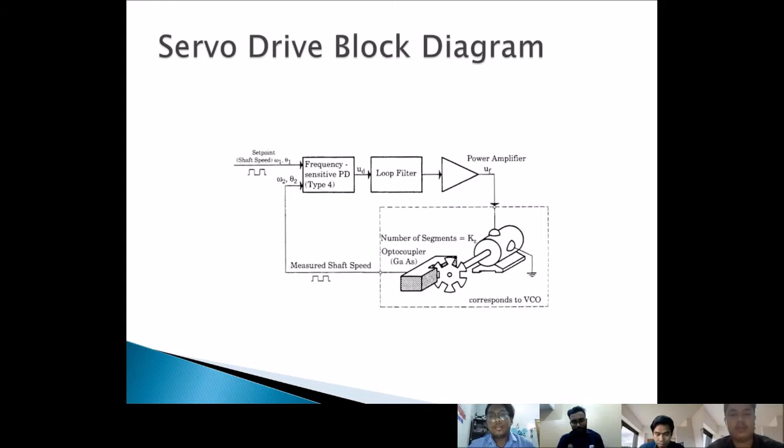It contains several components such as the frequency sensitive PD, loop filter, and power amplifier, and it shows that the servo drive has several steps to run this type of servo drive.